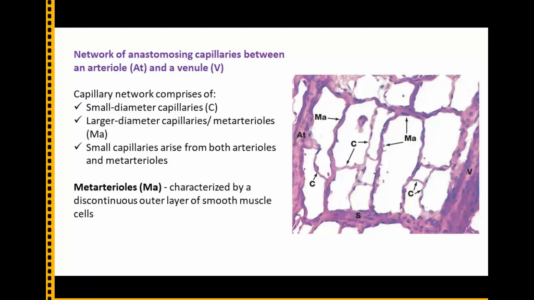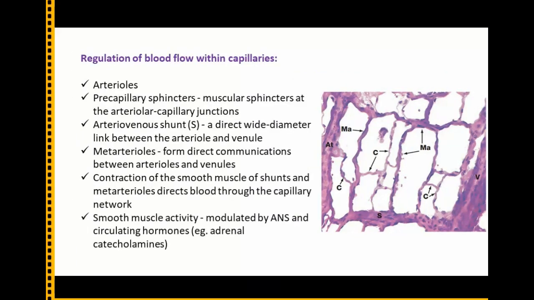The capillary network has some structural adaptations to carry out its functions of exchanging gas and other products. So, they have arterioles and precapillary sphincters.